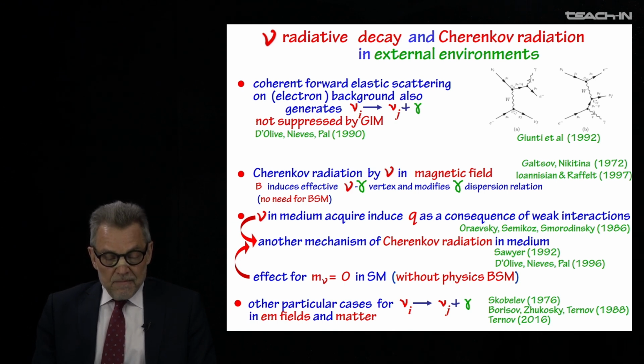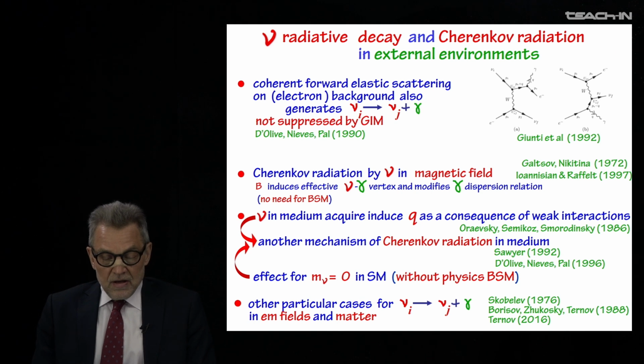And I would like to point your attention to the Cherenkov radiation by a neutrino in a magnetic field. I would like to stress that in this case, there is no need to go beyond the standard model. It means that if there is a magnetic field, it induces an additional effective coupling between neutrinos and photons, and also modifies the dispersion relation for a photon.